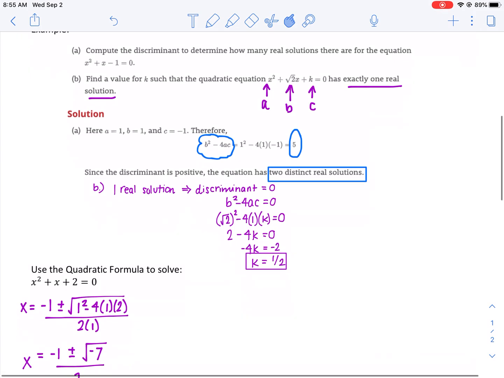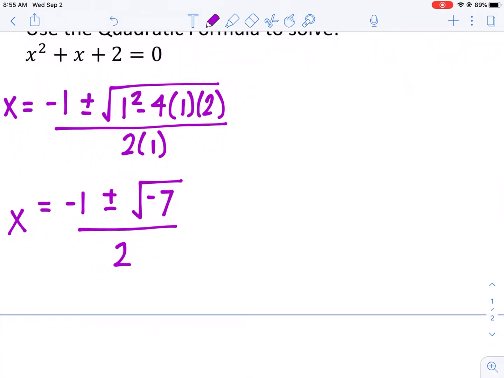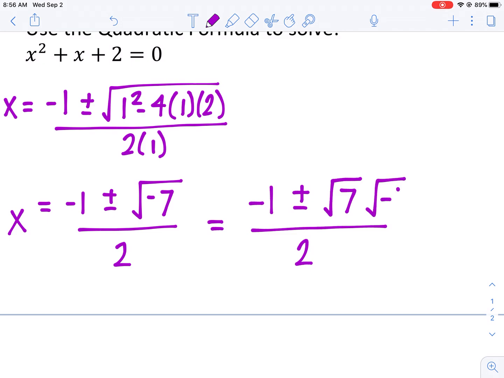Let me show you how we're going to simplify this. When you do so, you have your -1, your plus or minus, your over 2. I would like you to take out the value that's positive, so in this case it's root 7, and then in the other square root you'll have square root of -1.